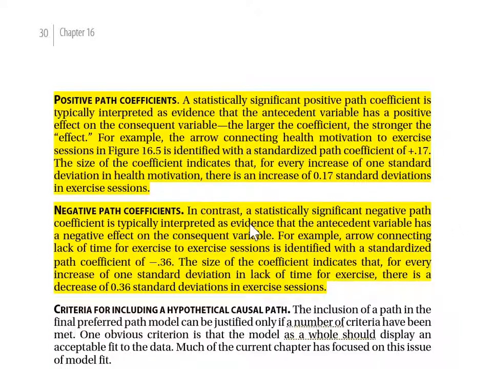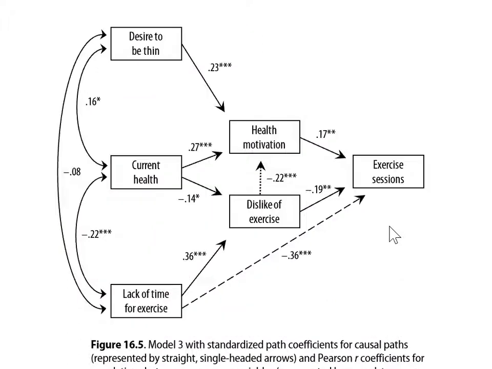What about negative path coefficients? In contrast, a statistically significant negative path coefficient is typically interpreted as evidence that the antecedent variable has a negative effect on the consequent variable. For example, the arrow connecting lack of time for exercise to exercise sessions is identified with a standardized path coefficient of negative 0.36. The size of the coefficient indicates that for every increase of a standard deviation of lack of time for exercise, there's a decrease of 0.36 standard deviations in exercise sessions.